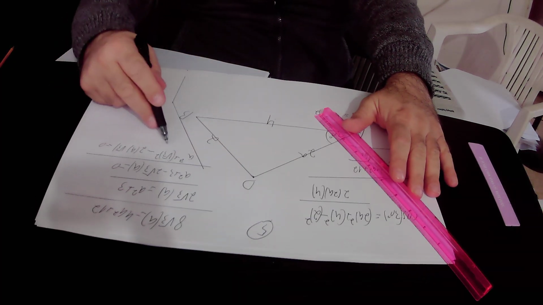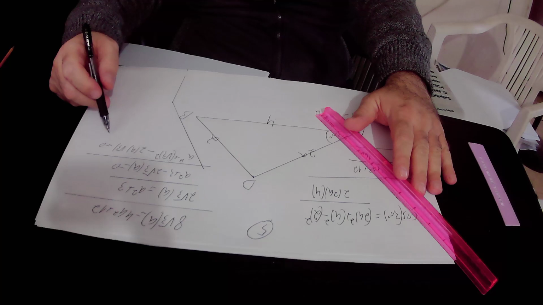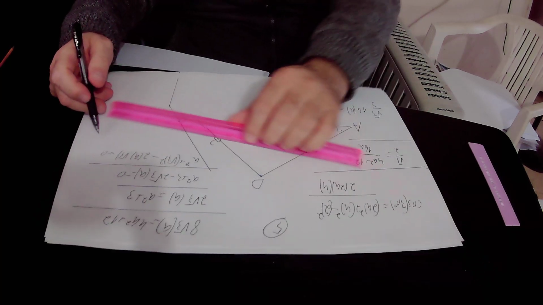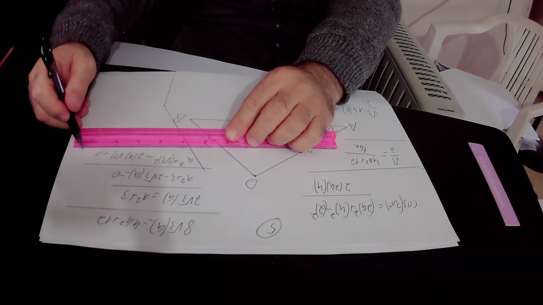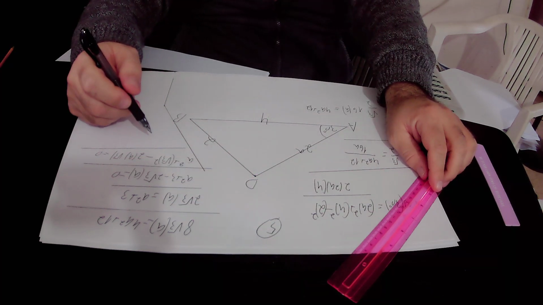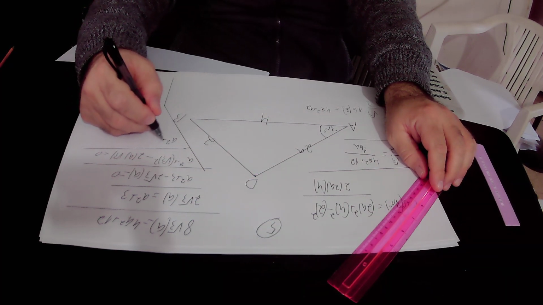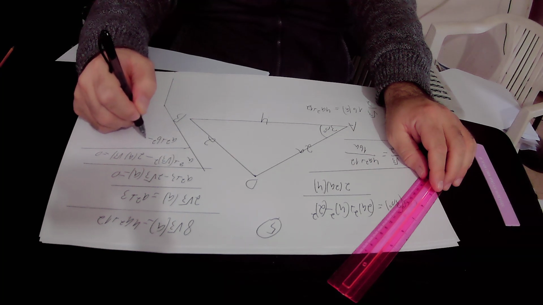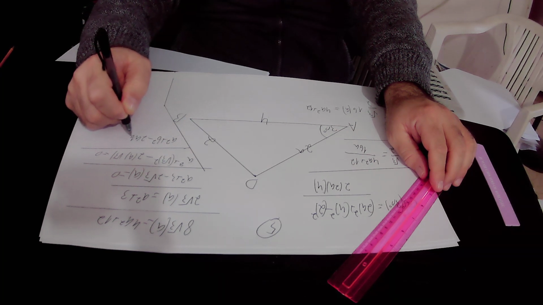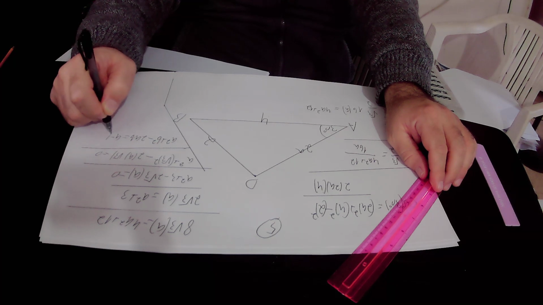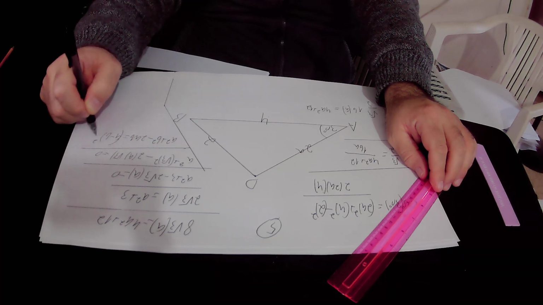Actually, this expression is very similar to the algebraic identity that states that a squared plus b squared minus 2 times ab equals (a minus b) squared.